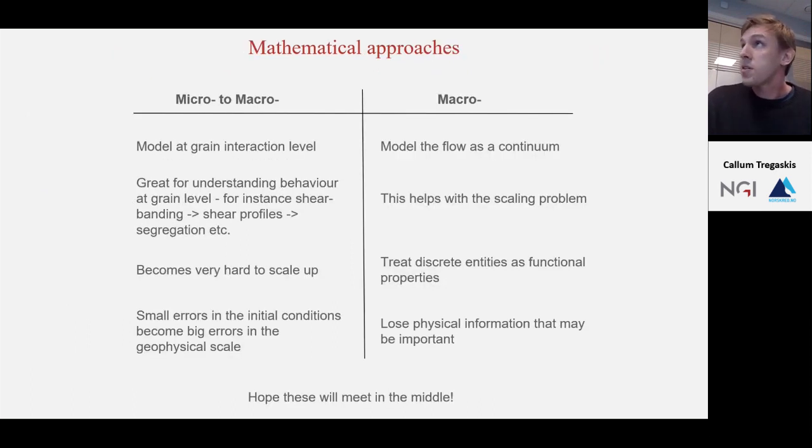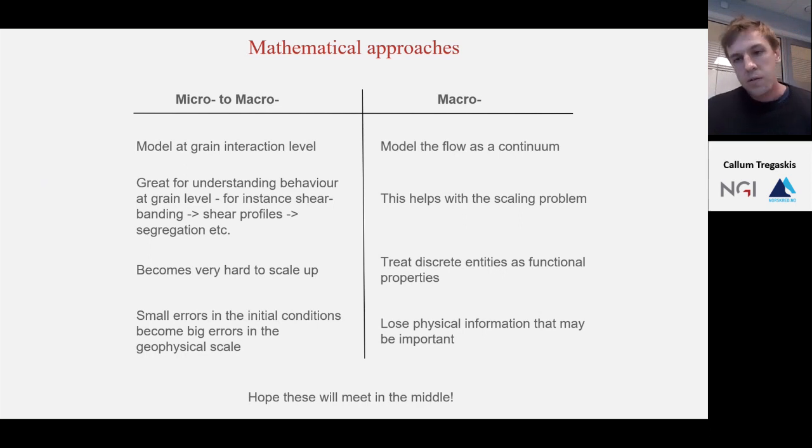So like I was saying, there's different mathematical approaches to how we model a granular flow. And that is to model either at the very small scale, where we model grain interactions, how they collide, how they bounce off each other, how they shear past each other. And this is great for understanding things at grain level. However, it becomes very hard to scale up.